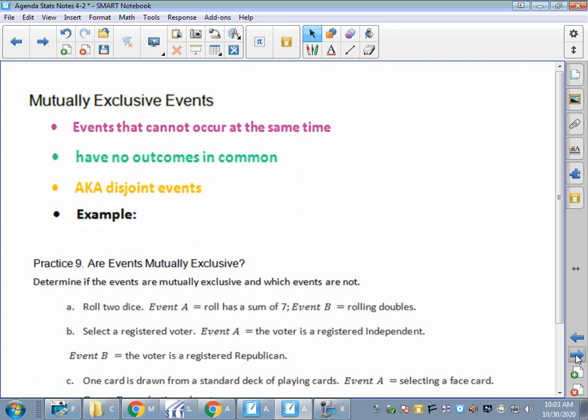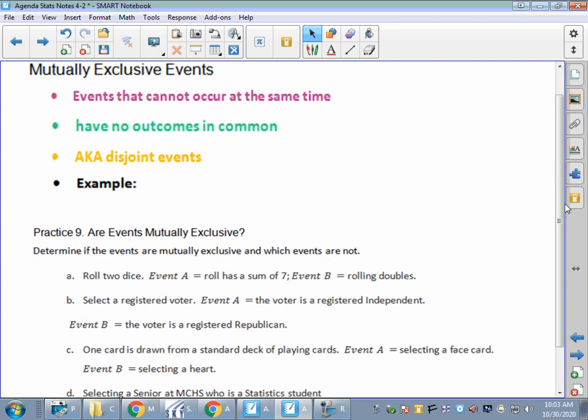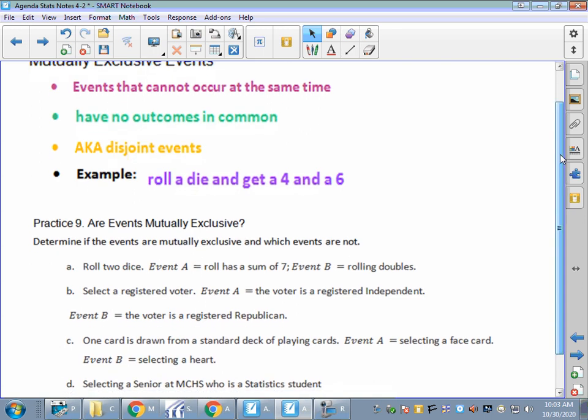I stick with mutually exclusive, but if you run across that term, you'll know why. So if we're going back to our example probability stuff that we always use, we could say that rolling a die and getting both a 4 and a 6 are mutually exclusive events because they cannot happen at the same time. So I'm going to start out by asking you, are these events mutually exclusive?